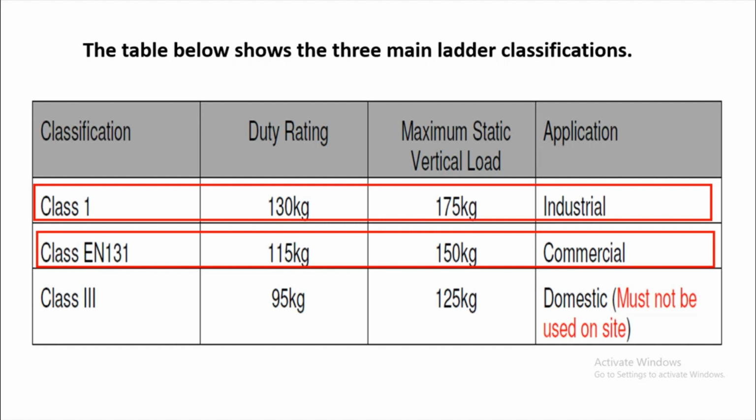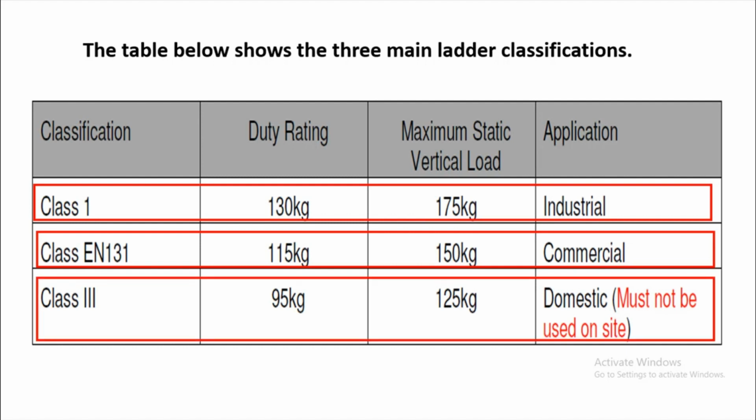This application is for commercial use. Class 3 has a 95 kilogram duty rating and a maximum static vertical load of 125 kilograms. This application is for domestic use and must not be used on a construction site.